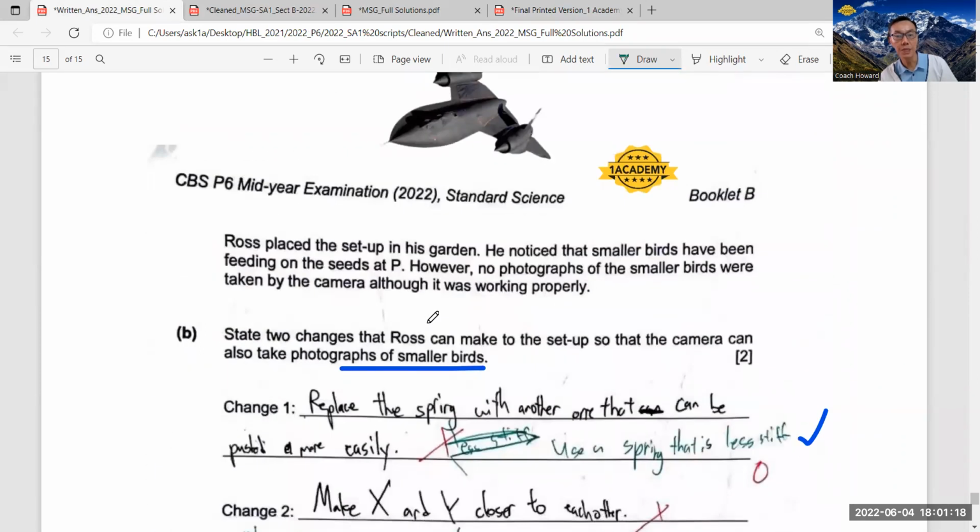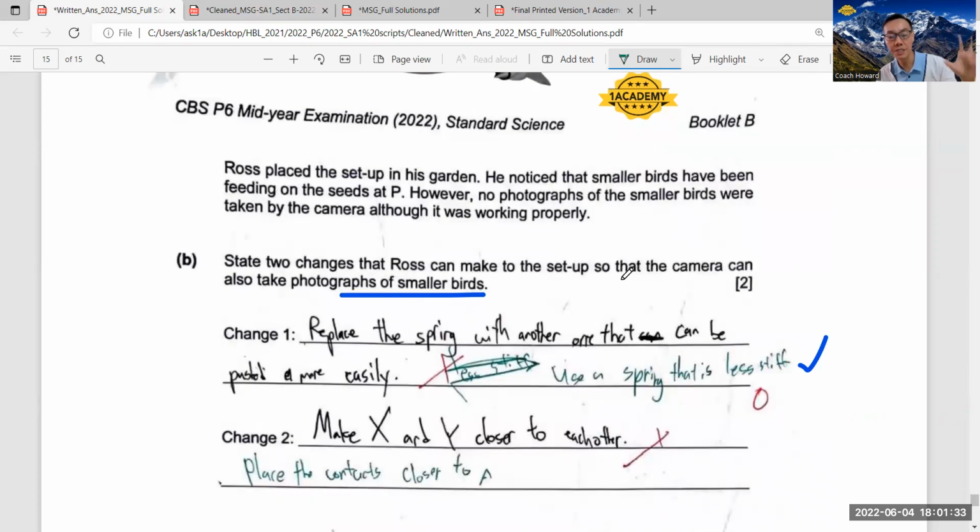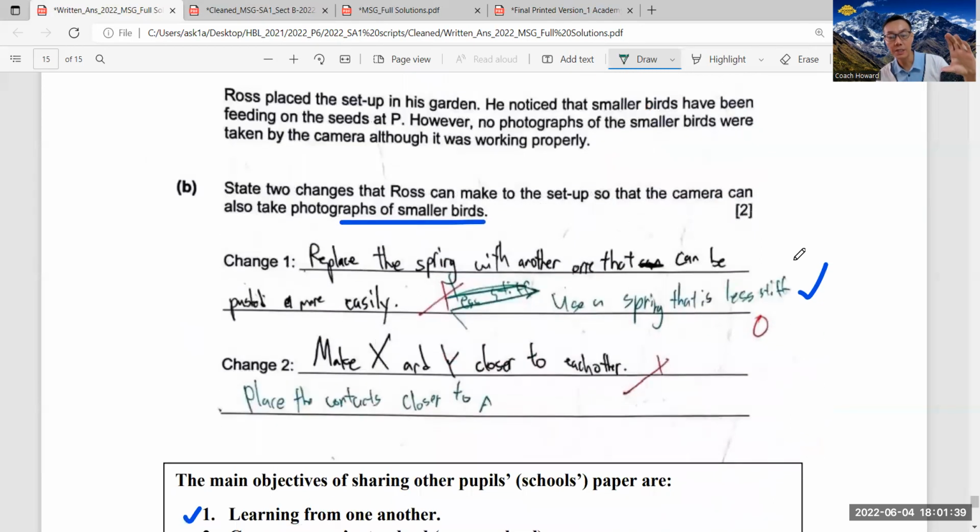Then part 2. They say this person placed the setup in his garden. He noticed that smaller birds have been feeding on the seed, but no photograph was taken. So how can I change the system so that it can take a photograph of even smaller birds? Because a smaller bird is lighter. Look at the student's answer for this part. I think the student got it wrong. Out of 2 marks, the student gets 0.